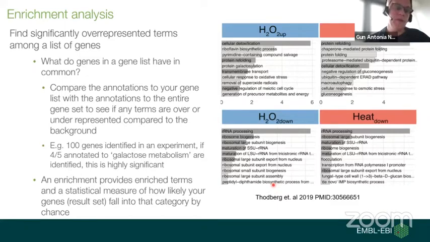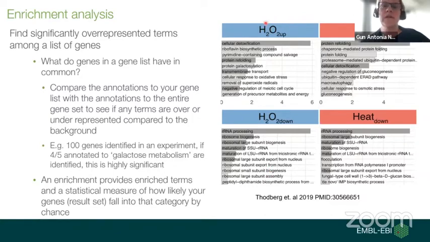So enrichment provides you with enriched terms and a statistical measure of how likely your result set fall into that category by chance. So this is just an example of enrichment from this paper where they challenged cells with different experimental conditions.